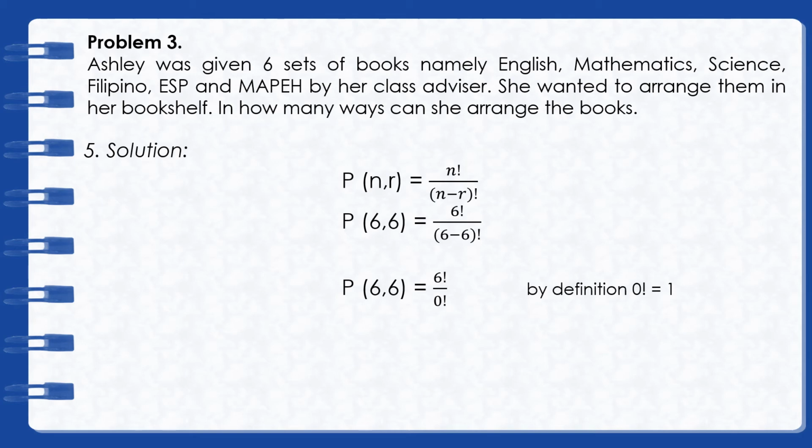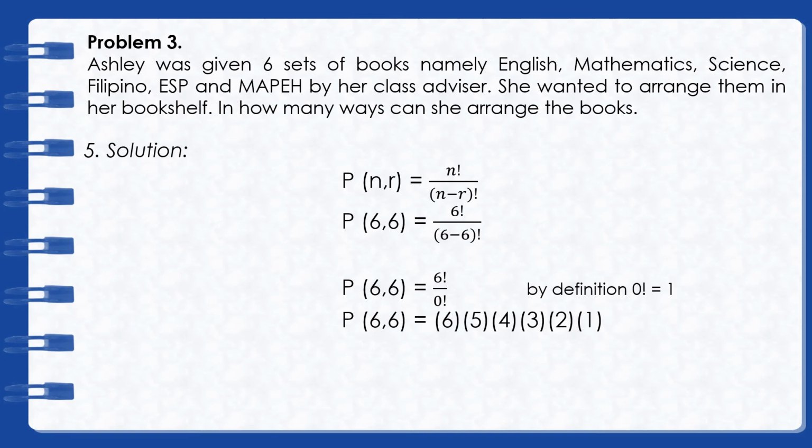And if the value of n and r is the same, like here in our problem number 3, it is the factorial notation of itself. So 6 and 6 is equal to 6 factorial, so it is equal to 6 multiplied by 5 multiplied by 4 multiplied by 3 multiplied by 2 multiplied by 1.